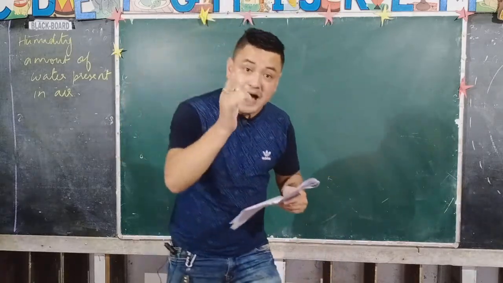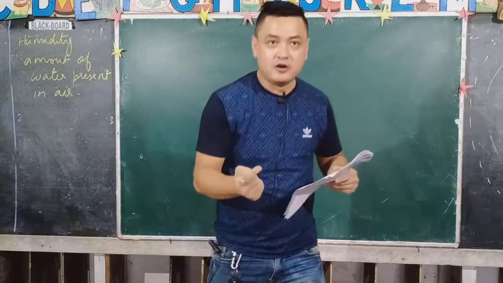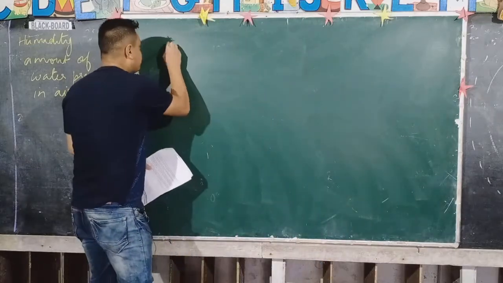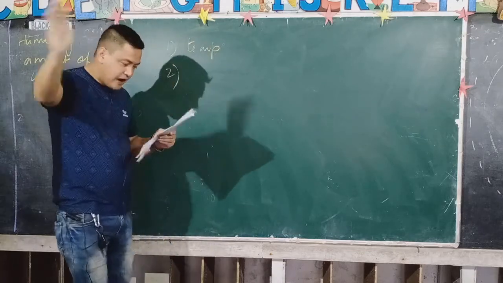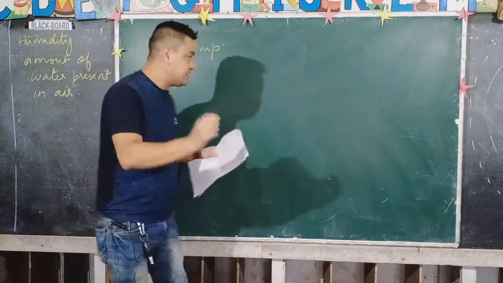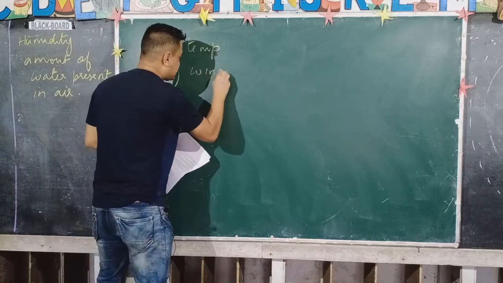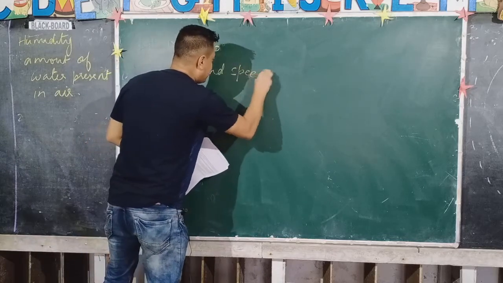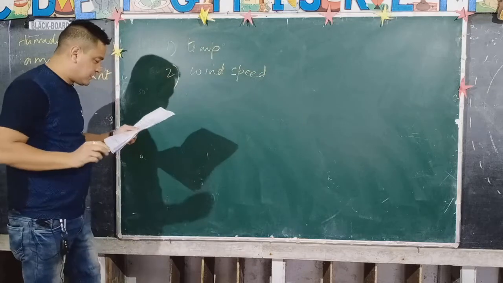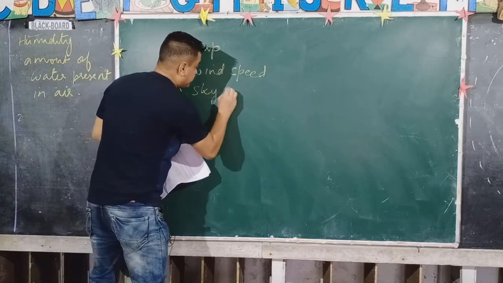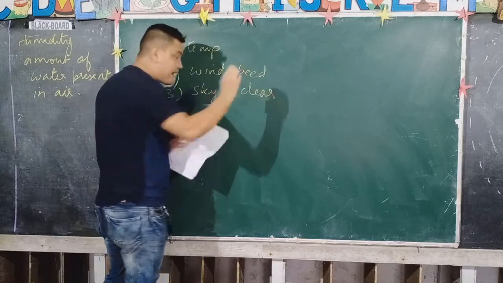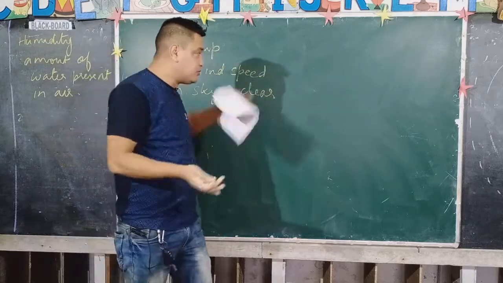The rate of evaporation is rapid as well as high because, number one, temperature. The second point that you have to understand here is wind speed, which we have studied about. Wind speed is caused by Coriolis force. Third is when the sky is clear. So the rate of evaporation is high or rapid due to these factors.